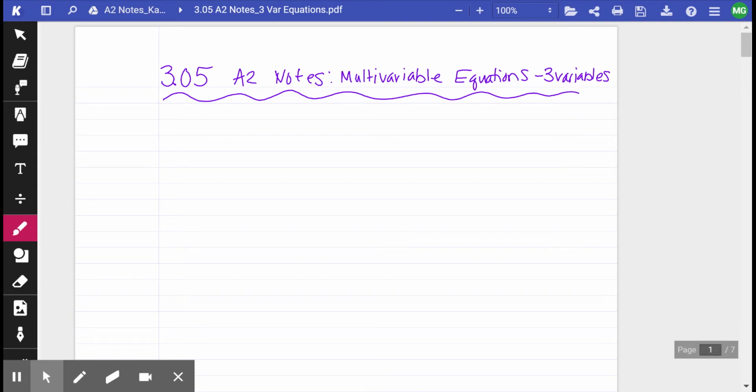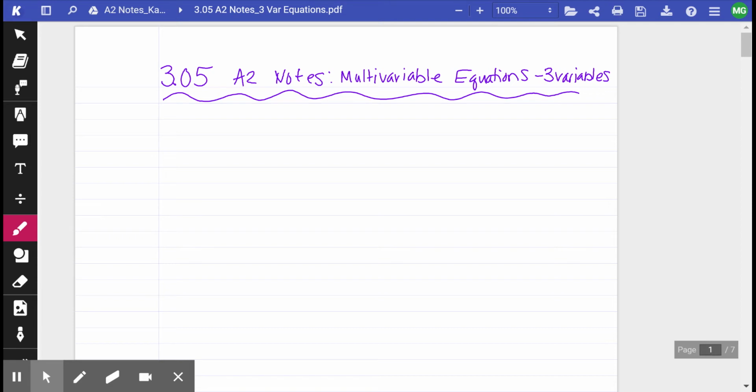You did systems of linear equations in middle school and in algebra. And then last class, we talked about systems with a linear and a quadratic equation. So we looked at circles and lines, or parabolas and lines, or even parabolas and circles. And now we're going to talk about three variables.